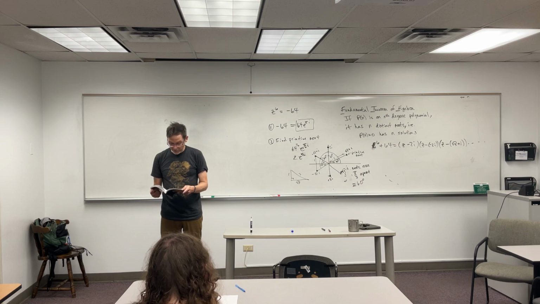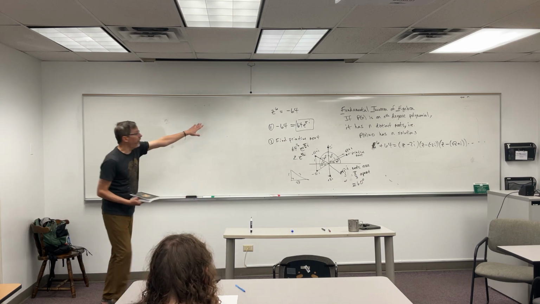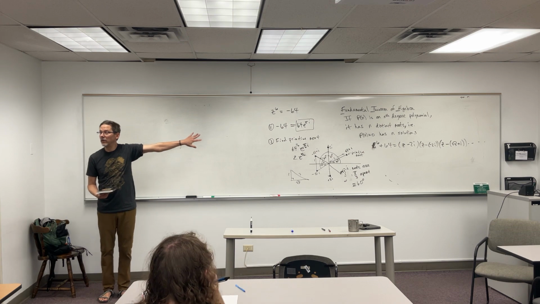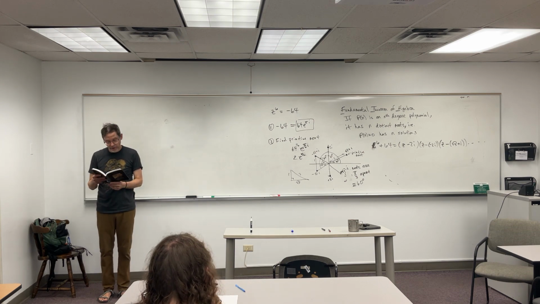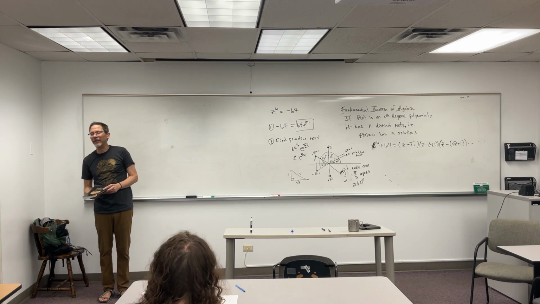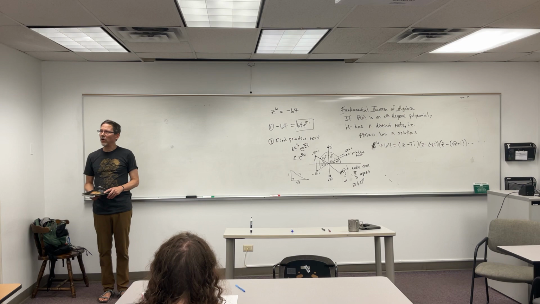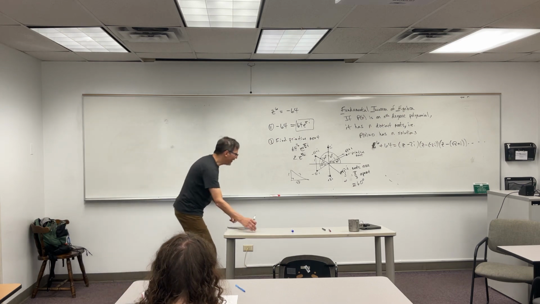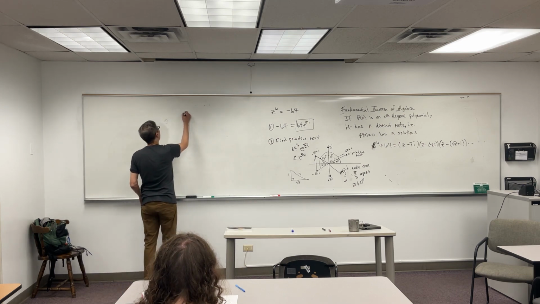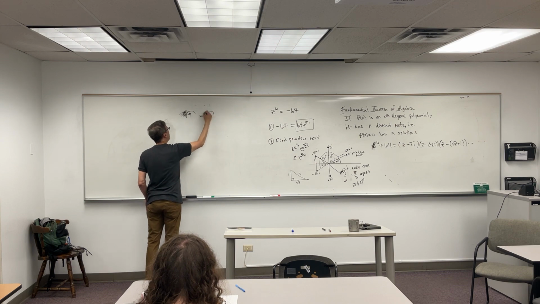So z to the 6th equals negative 9. That actually should be just like this problem. 11C, because you have z to the 6th equals negative 9. It won't be pretty, because your magnitude will be square root of 3. No, wait, hold on. Cube root of 3. What is the 6th root of 9? Cube root of 3.